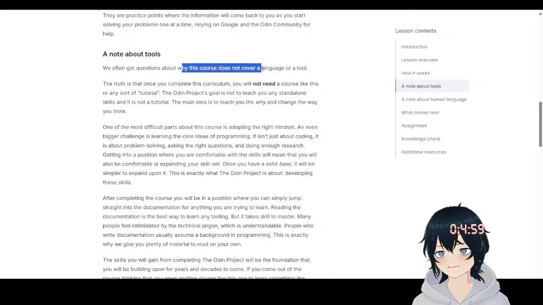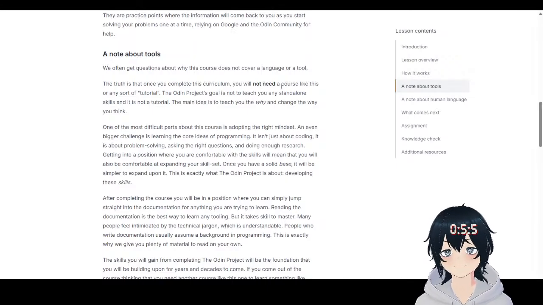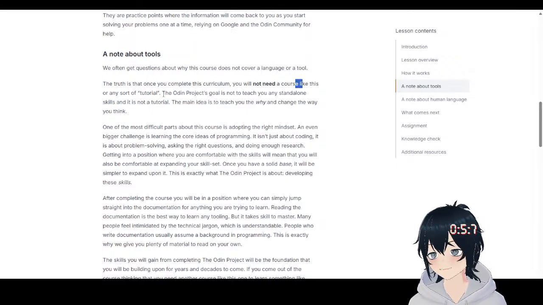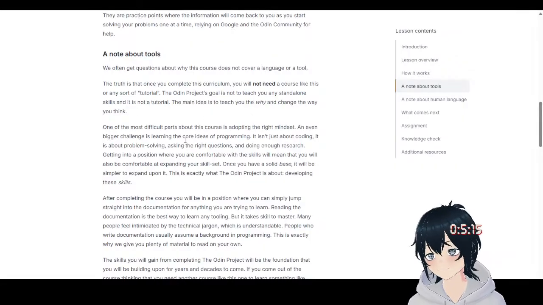Why this course does not cover a language or a tool? The idea is that once you complete this curriculum, you will not need a course like this or any sort of tutorial. It will not teach you any standalone skills, and it's not a tutorial. The idea is to teach you why and change the way you think.